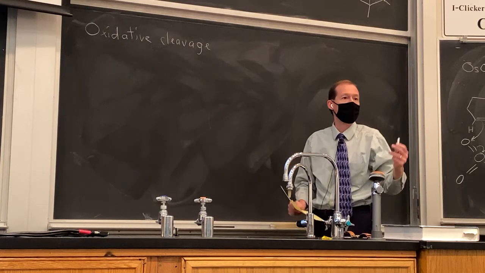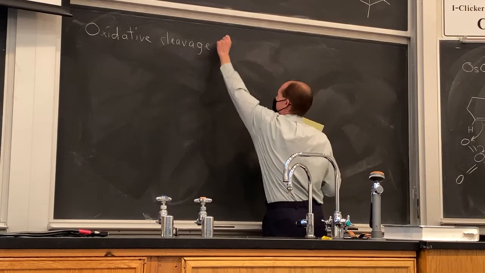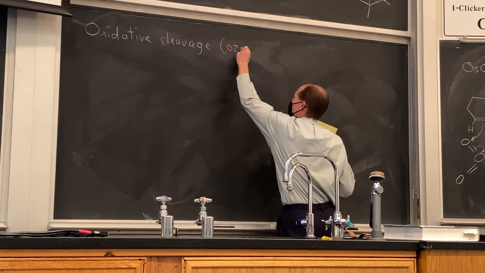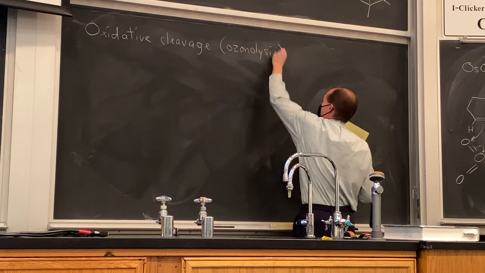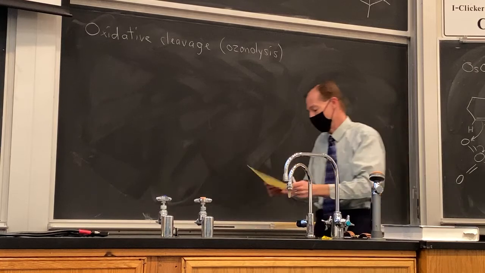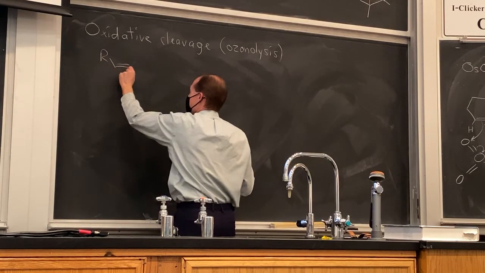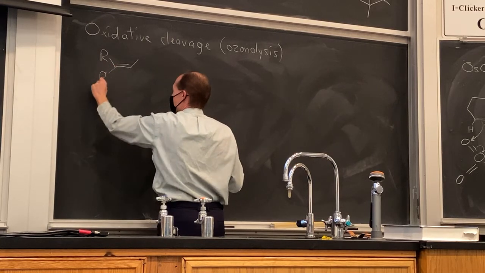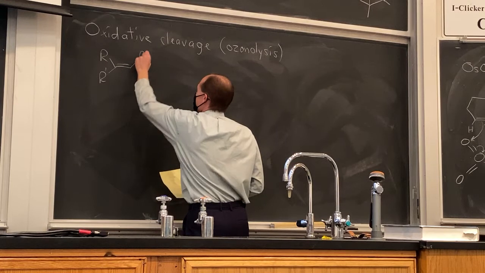If we cleave both the sigma and the pi bond, we're going to break the alkene into 2 pieces. We can also call this reaction ozonolysis because we're using ozone as the oxidant in this reaction. So we can get different types of products depending on the type of alkene that we're using in this reaction.